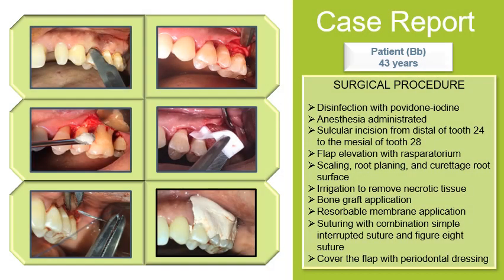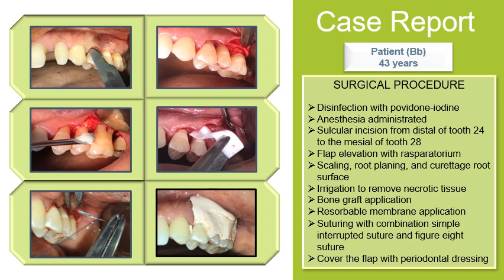The surgical procedure of patient B. First, disinfection with povidone iodine, then anesthesia administered to the working area, circular incision from distal of tooth 24 to the mesial of tooth 28. Then, flap elevation was performed with a respatorium. After we could see the root surface properly, scaling, root planing, and curettage of the root surface.